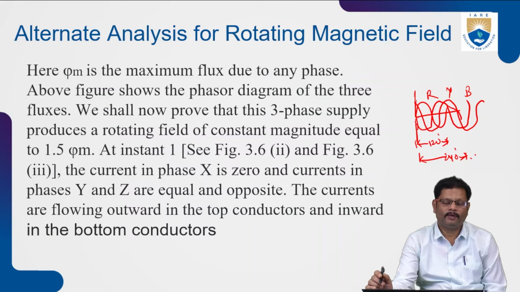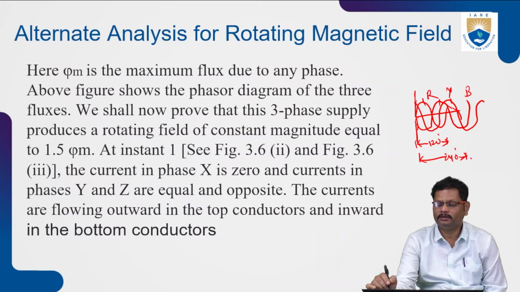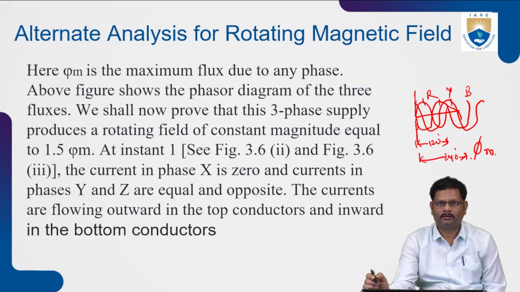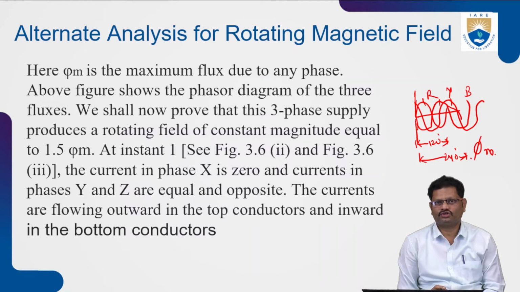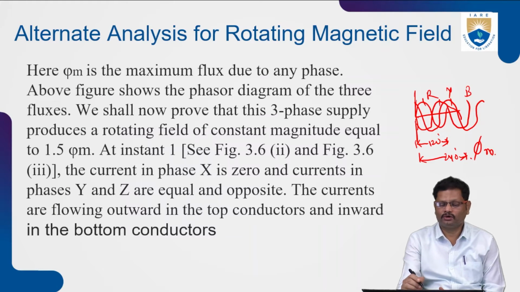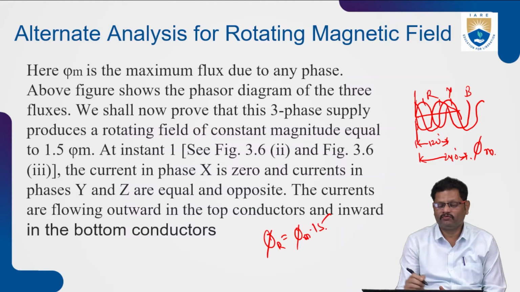Here phi m is the maximum flux in any phase, and the three-phase supply causes the production of a rotating magnetic field of constant magnitude, resultant flux equal to 1.5 times phi maximum.